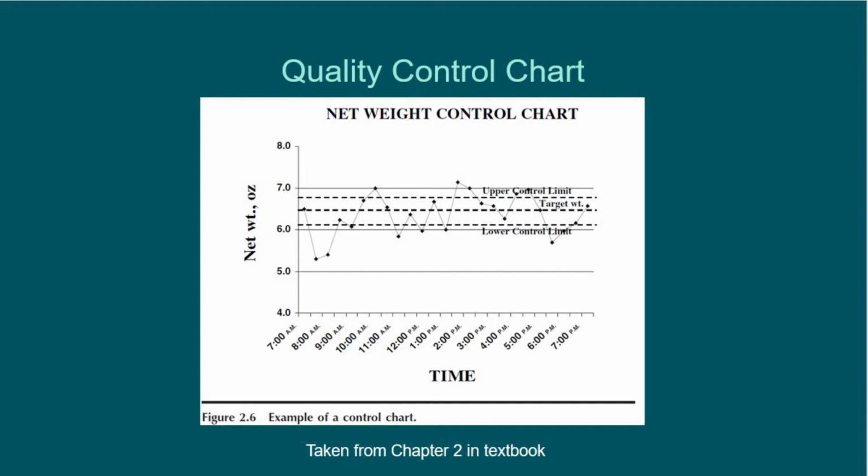What's typically done, and it really varies between companies, but this is the simplified version: the average of whatever specification they're worried about, what's considered acceptable, is the target weight. And the upper and lower control limits are based on calculations derived from the estimated standard deviation of whatever specification is being measured among the samples.